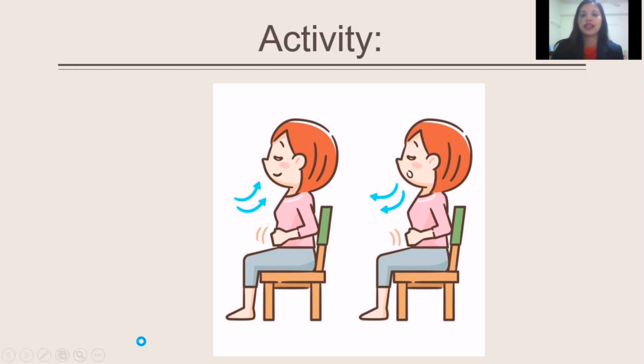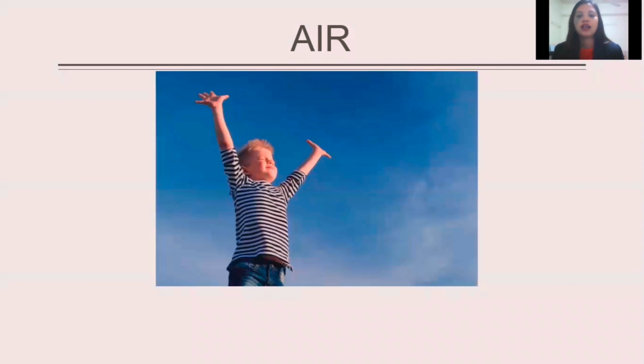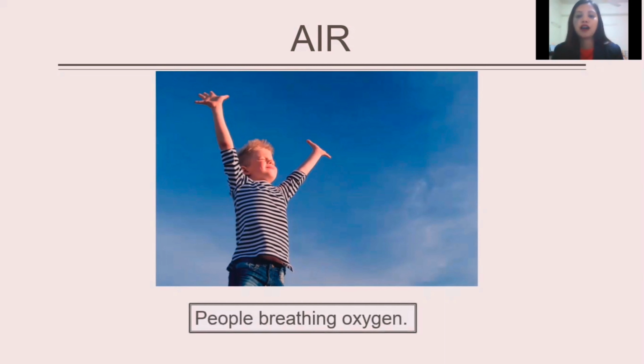So what we just did is an example of an interaction between living things and the non-living thing, which is the air. Here is another example of the interaction between living things and the air. As you can see here, the kid is breathing oxygen, just like what we did a while ago. This kid is also breathing the oxygen, which is one of the components of the air.